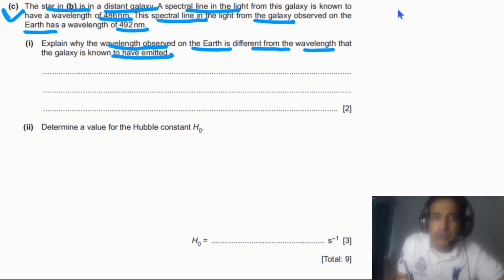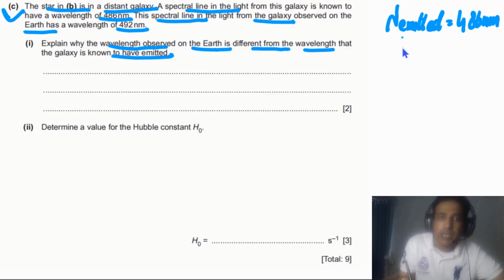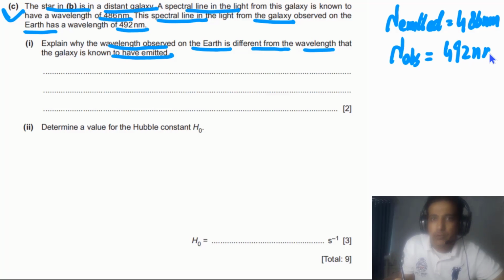So in this case we have lambda emitted by the galaxy. Lambda emitted is equal to 486 nanometers, and lambda observed is equal to 492 nanometers. So lambda observed is greater than lambda emitted.